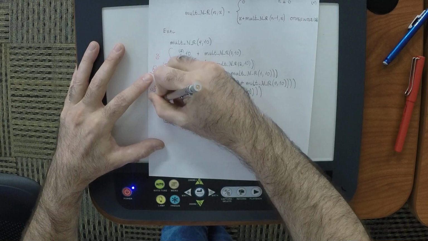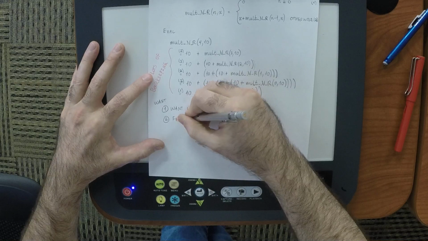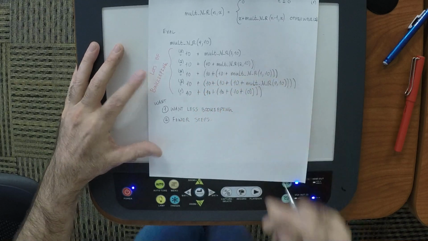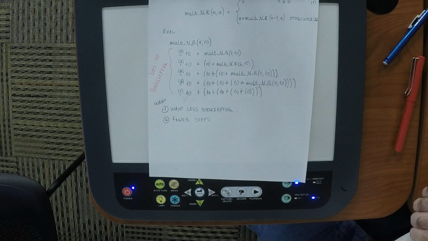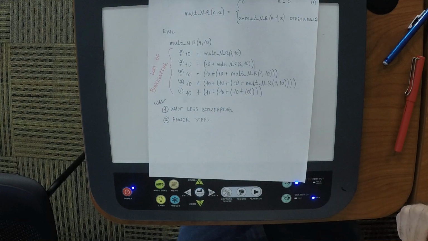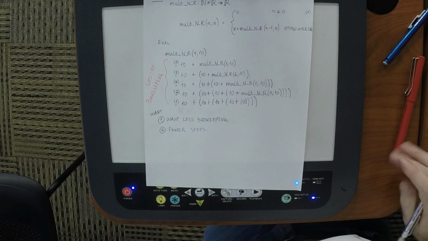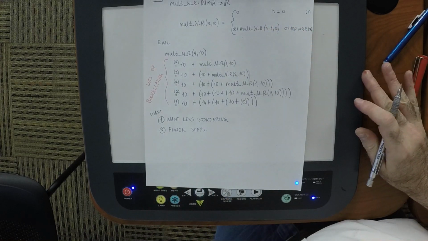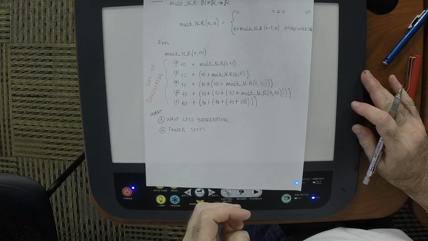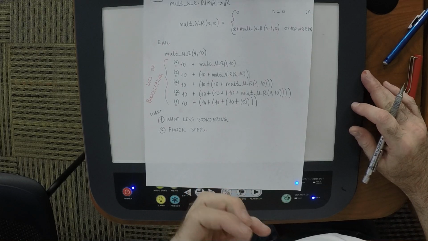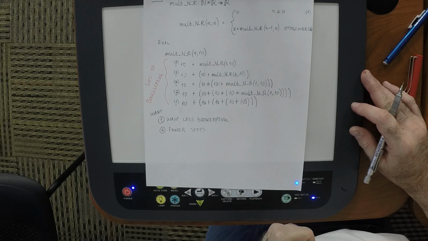So this is what we want. It's like our wish list. According to this definition, to multiply by 100 requires 101 steps. To multiply by 1,000,000 requires 1,000,001 steps. So what I'm telling you is that by the end of the day, to multiply by 1,000,000, it's only going to take about 20 steps.